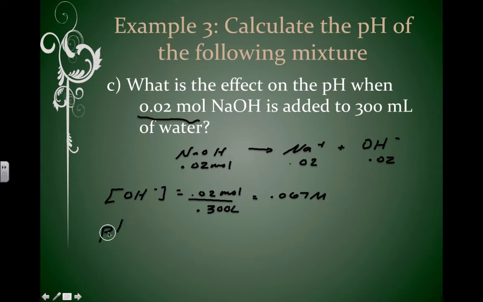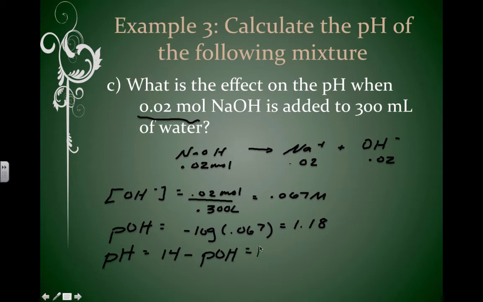Now we can determine the pH from the pOH. So the pOH is equal to the negative log of 0.067. And that gives us a pOH of 1.18. And of course the pH is where we take 14 minus the pOH.